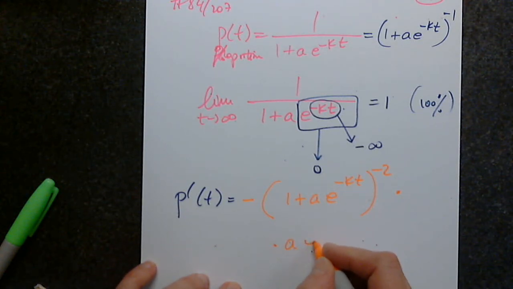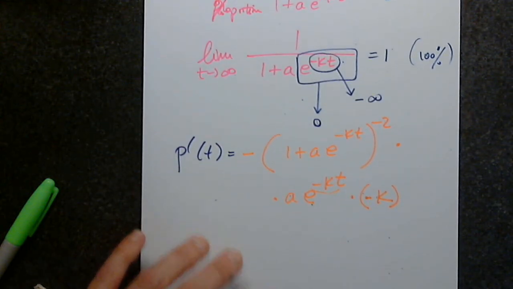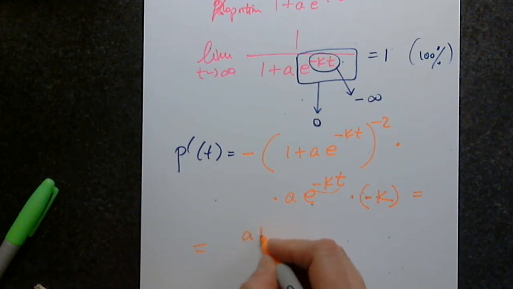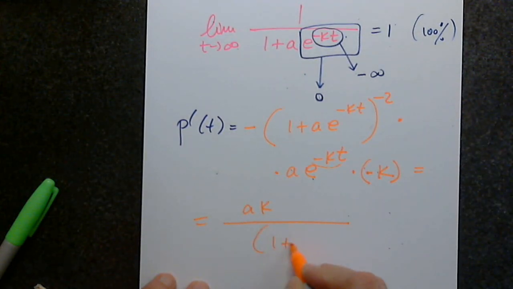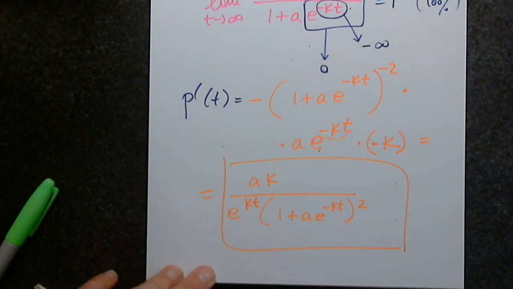So it's a e to negative kt times the inner function prime. Perfect. Okay, a, negative k, with minus in front. This has a negative power, and this has a negative power. This is the rate of change of the rumor.